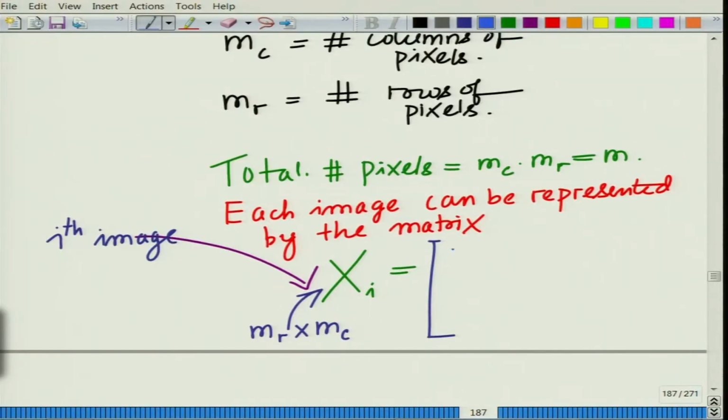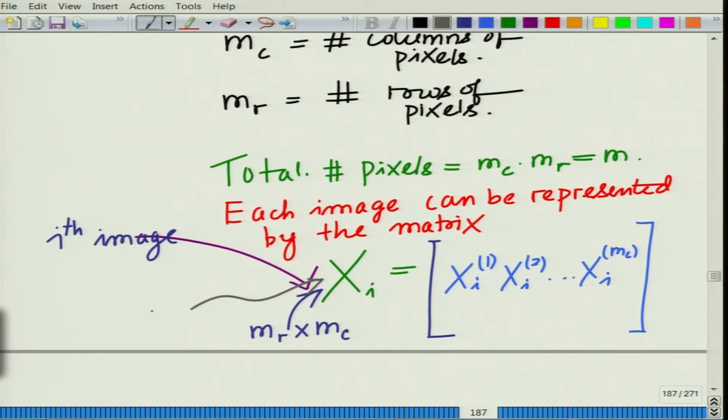Let us say these columns are Xi1, Xi2, up to XiMC. This is the ith image Xi. This is a matrix of pixel values, MR cross MC, and it must be clear, but let me write it. An image is a matrix of pixel values.